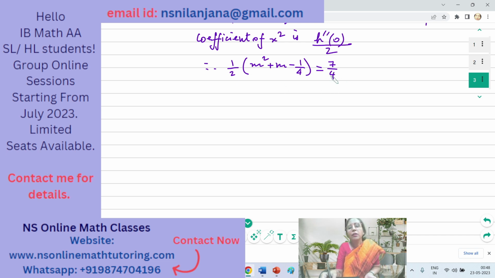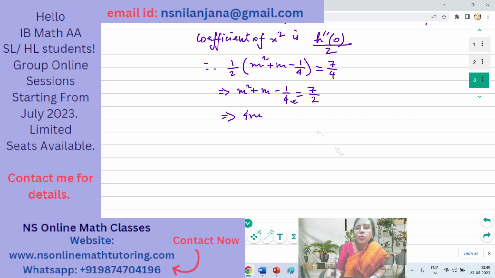Now it is a quadratic equation we have to solve. And we cannot use the calculator because it is a paper 1 question. First of all, let us multiply the entire equation by 2. m squared plus m minus 1 over 4 is equal to 7 over 2. And then let us multiply the entire equation by 4 so that I get rid of this.